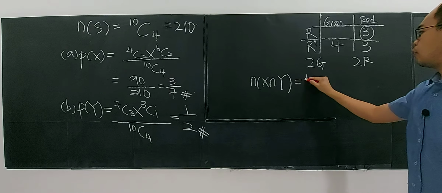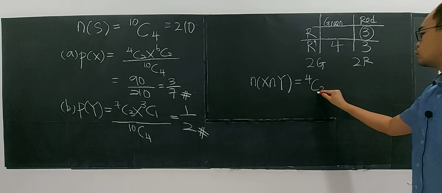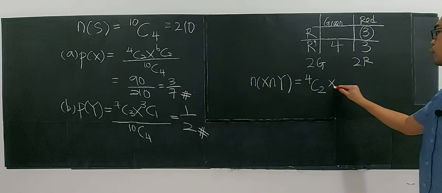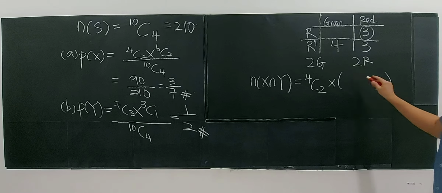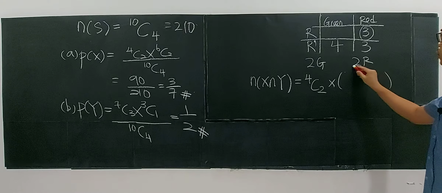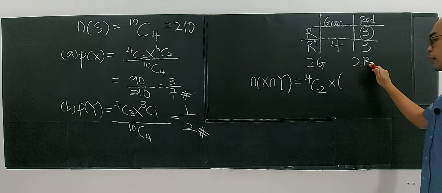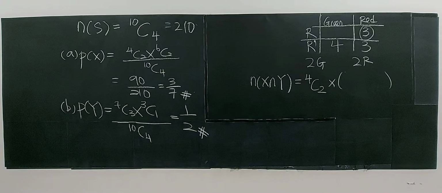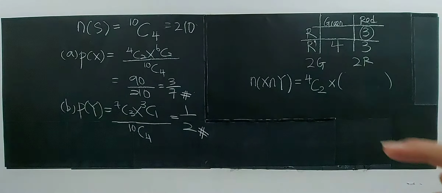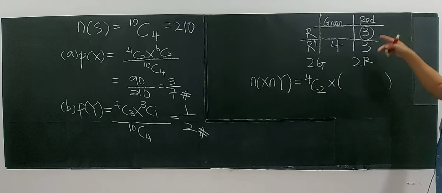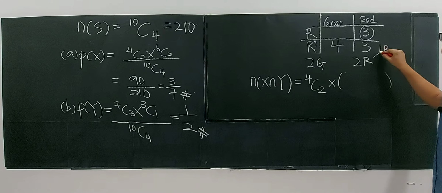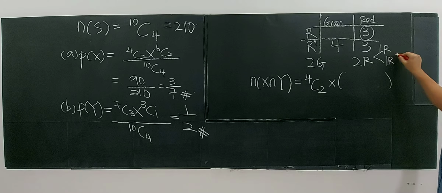So 4C2: you must have 2 green apples, and this one is chosen straight away. But for the red apples, I have to divide into 2 possibilities. You must have 2 red apples, and Y says only 1 is rotten, so 1 must be rotten and 1 must be not rotten.